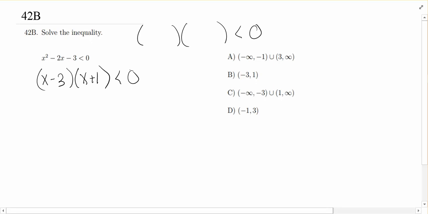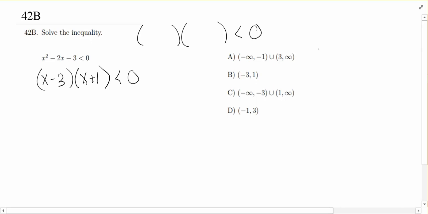Everything I've shown you has been good logical reasoning. What I want you to avoid is taking shortcuts because something looks similar. Because you look at this and say, oh, I see a negative 3 and a 1 right there. Let's call it good. That's not the case here. We have to remember why we factored this in the first place.